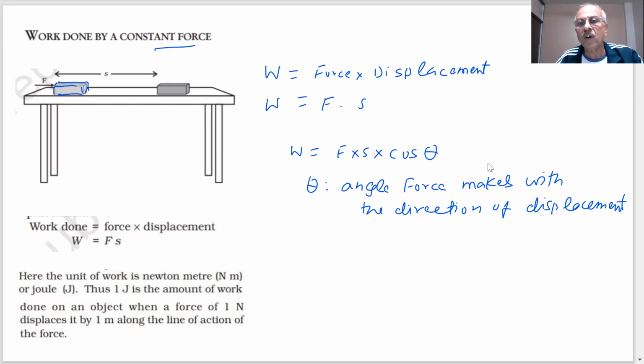When theta is 0, what is the value of cos 0, students? We have shown you a table last time that it was equal to 1. So W became equal to F into S. That is the formula which we are using here. Now, students, we also told you the SI units of work.